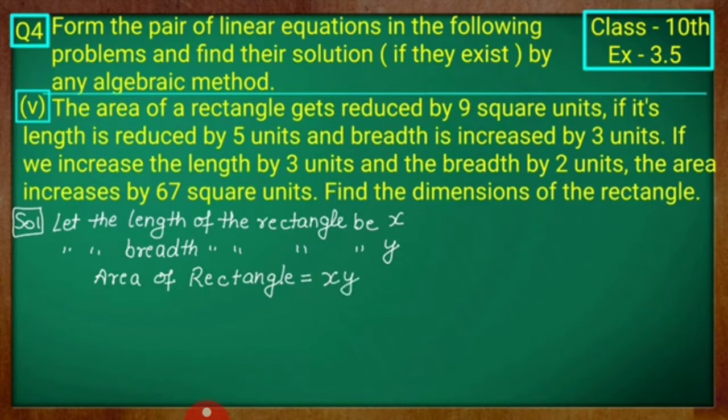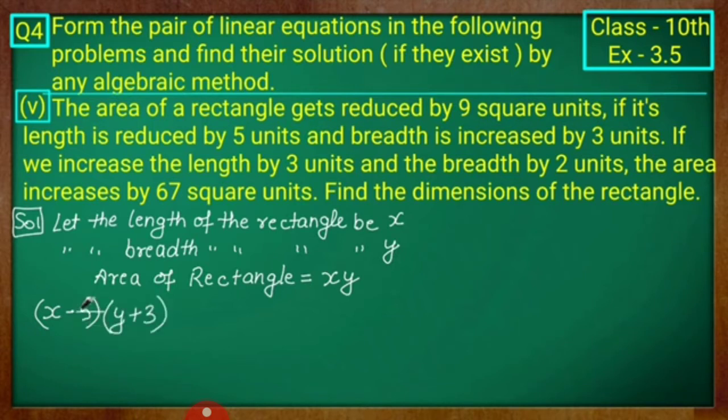Now come to the first condition. The first condition says if its length is reduced by 5 units, we have assumed length as x, so x minus 5, and breadth is increased by 3 units, so y plus 3 in the second bracket.